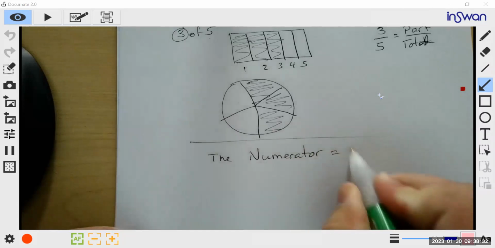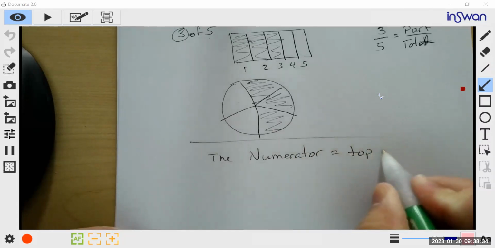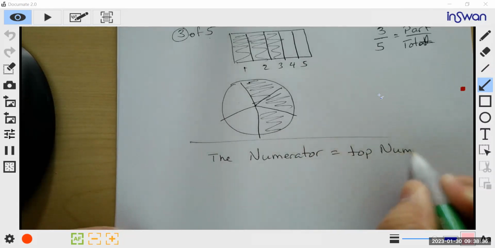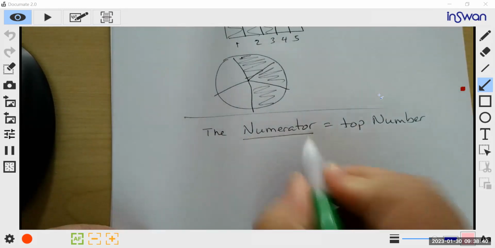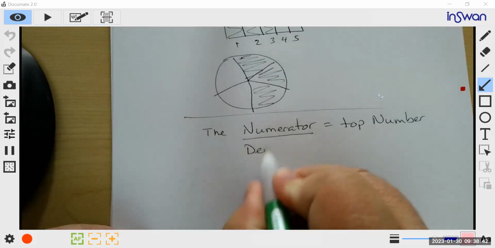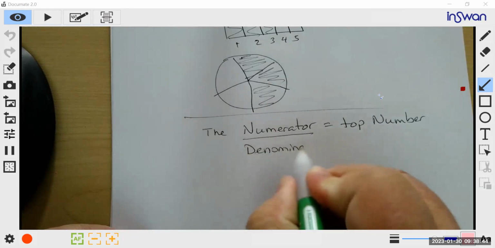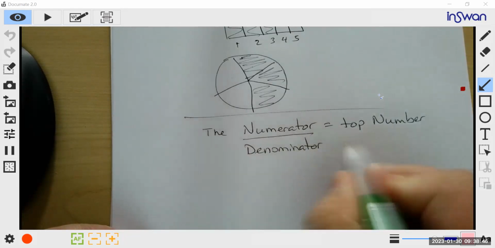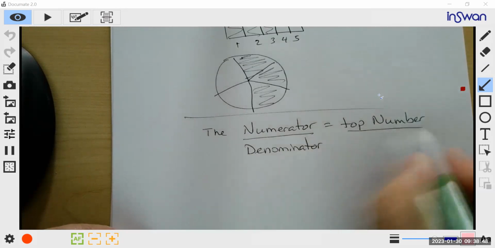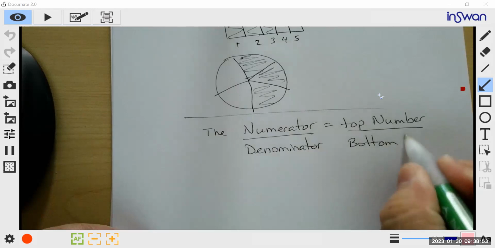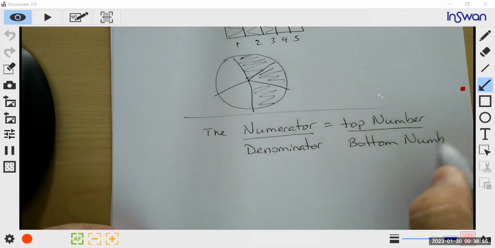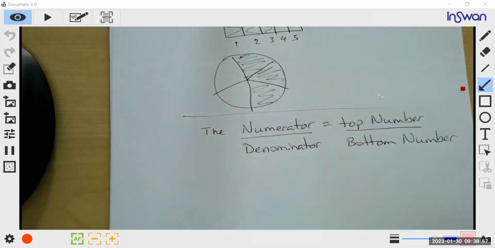The numerator is the top number over the denominator. So it's the numerator at the top, denominator at the bottom.